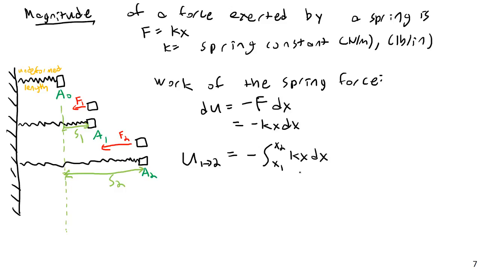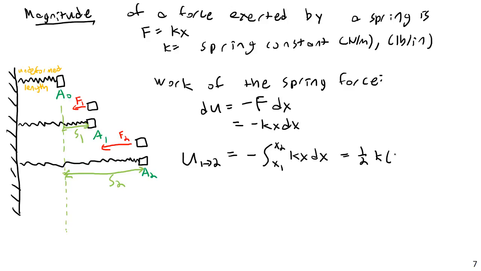I could then pull out the k, and this would result in a 1/2, so I would get 1/2 k times x1 squared minus x2 squared.